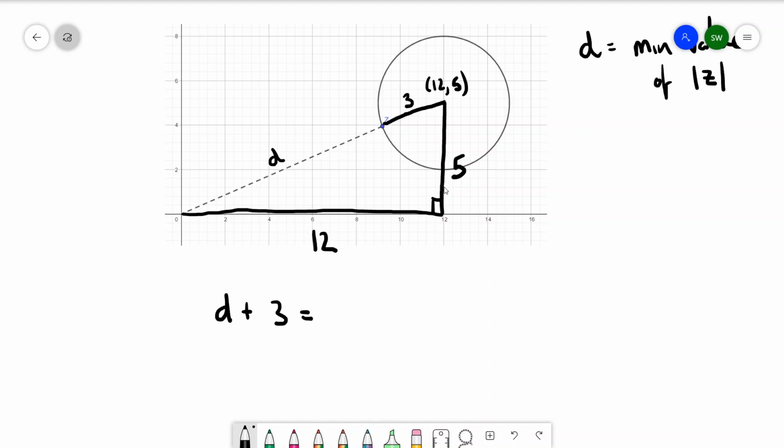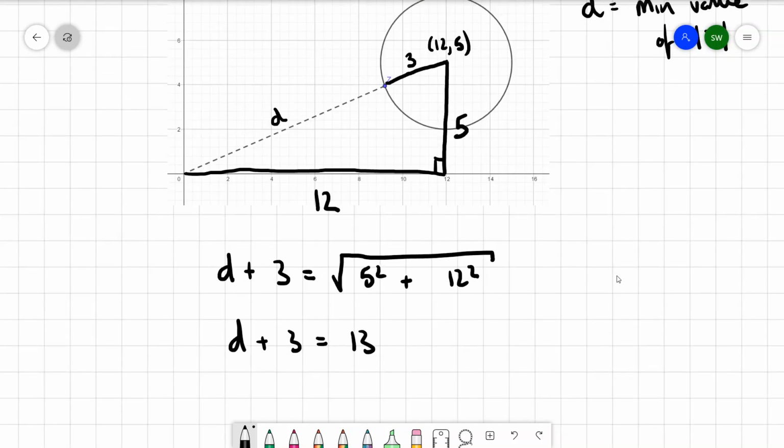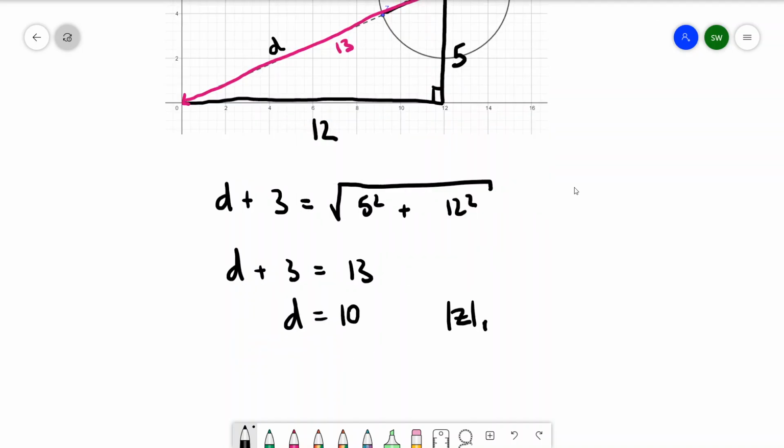So the hypotenuse is the square root of 5 squared plus 12 squared. So we know that d plus 3 is equal to 13. We basically said that on this right angled triangle, this length here is equal to 13. So we know that d must be equal to 10. So the minimum of the modulus of z is equal to 10.